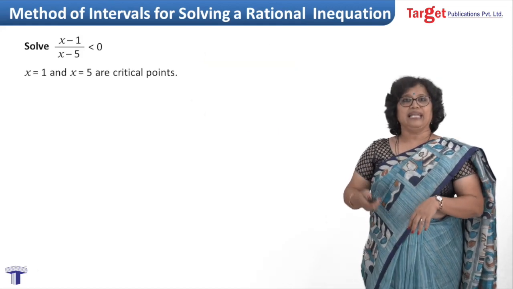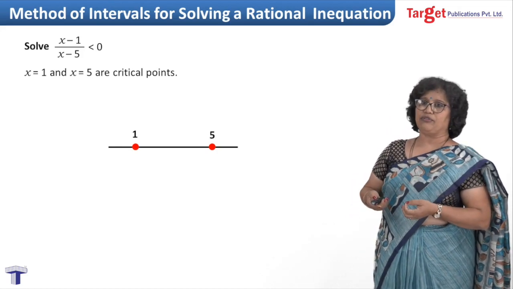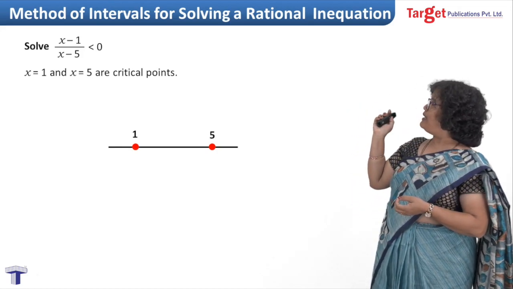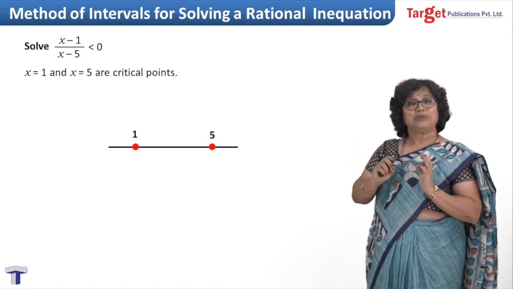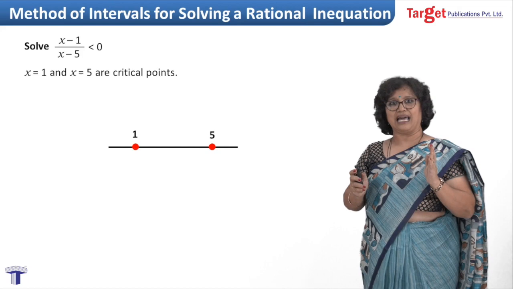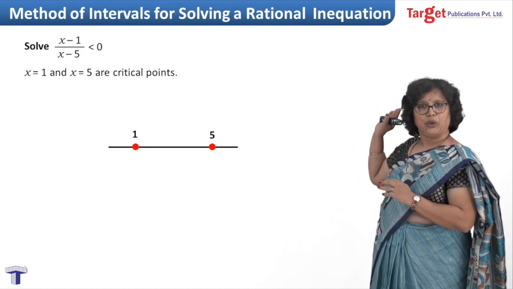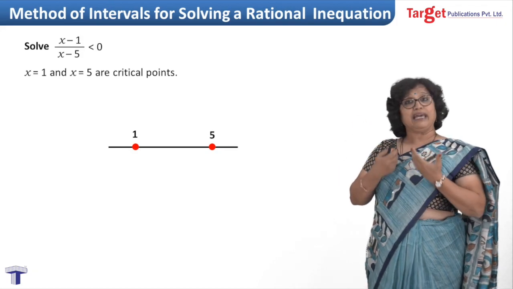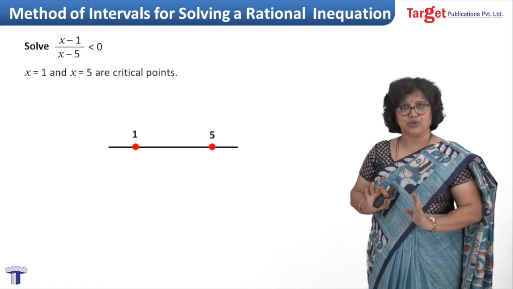Next, I would plot x equal to 1 and x equal to 5. The moment I plot them, we divide the entire number line into three parts: one region less than 1, another between 1 and 5, and the last from 5 to infinity. We have already declared that x equal to 1 and x equal to 5 do not participate in the solution set.